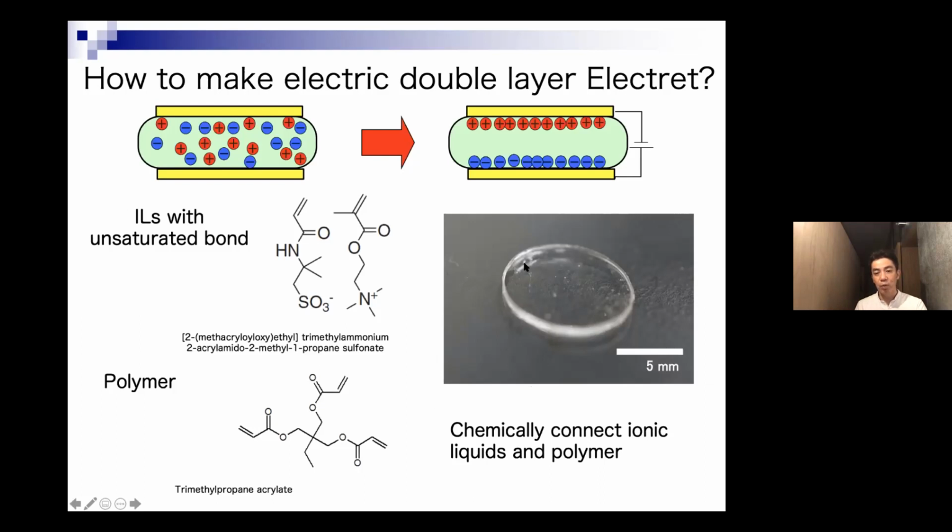Of course, when we try to attach the cation side to the cation side, the ion gel has a strong repulsion. And when we try to attach the cation side to the anion side, the polymer is strongly attached. So we can really feel that the electric double layer is fixed to form the electrode.